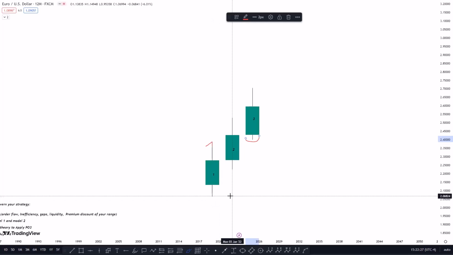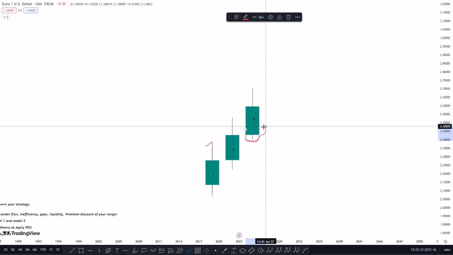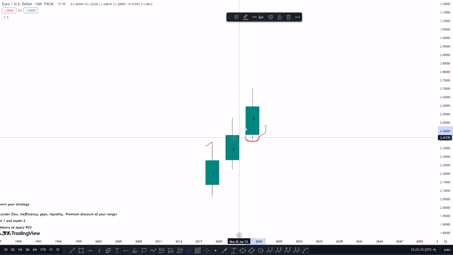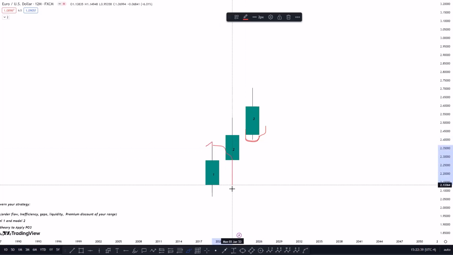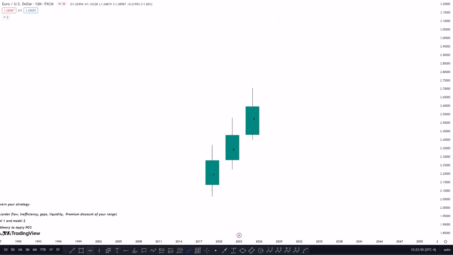When we talk about doji manipulation, any doji candle sitting here is likely going to be manipulated because price is coming back to fill inefficiency. So any candle sitting here is likely to be our bullish order block, your sponsored candle, which the market will use to go higher. You have to remember that. Make sure you mark this zone.